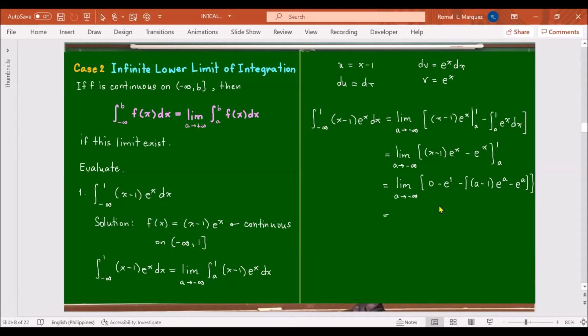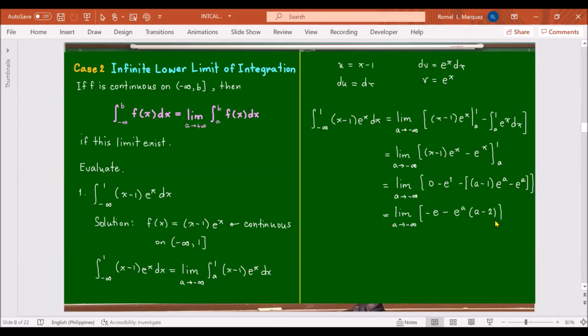Let's simplify this. We get the limit as a approaches negative infinity of negative e minus, factoring out e to the a, e to the a times (a minus 1 minus 1), which is a minus 2.